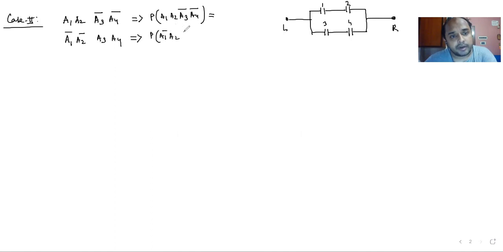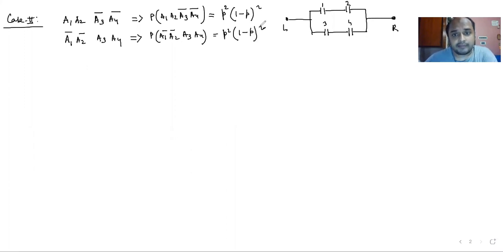If I substitute the values, you get probability of A1 into probability of A2 into probability of A3 bar into probability of A4 bar. For A1 and A2, we get P squared. And for A3 bar and A4 bar, we get (1 minus P) whole squared. Similarly, here also we get (1 minus P) whole squared.